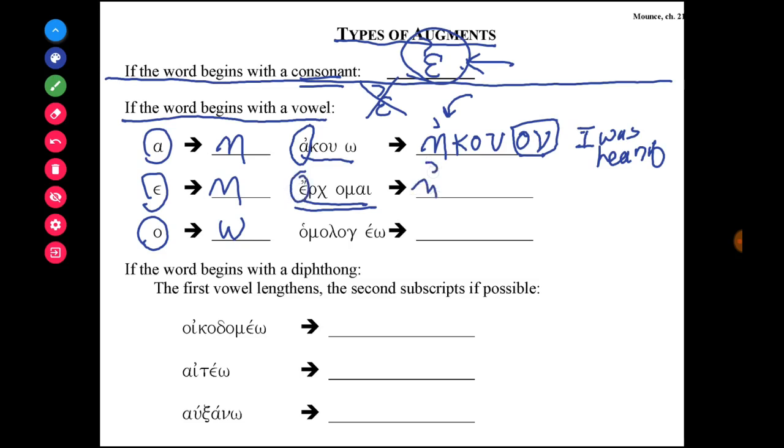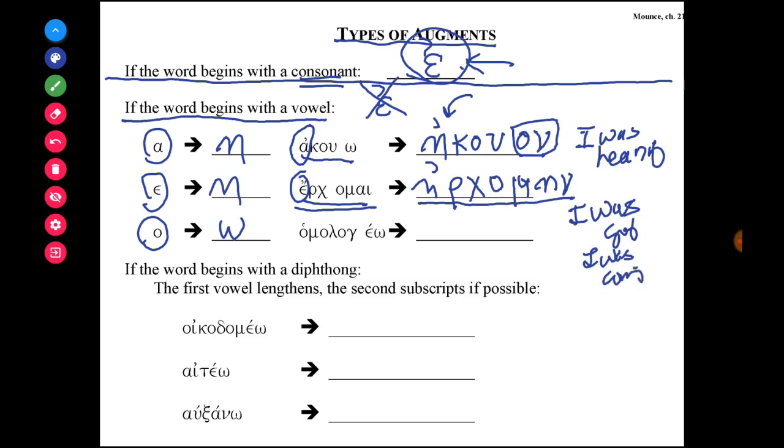There's my augment. And then add my connecting vowel. And then what are my secondary middle suffixes? It's men. So erchomen is I was going. I was coming.